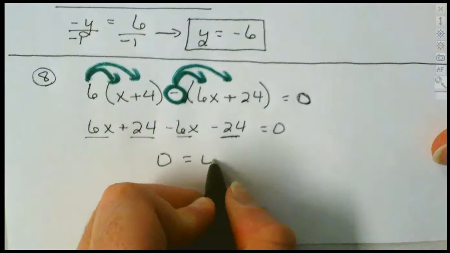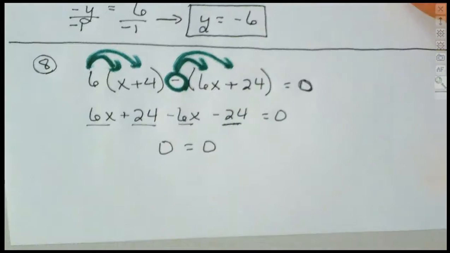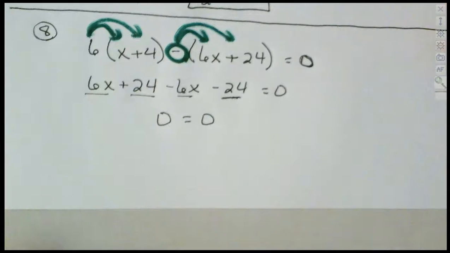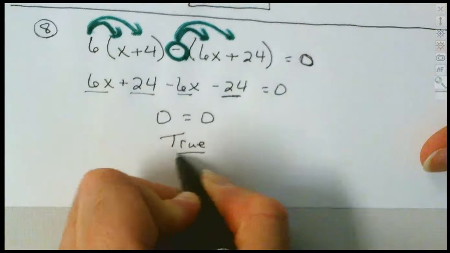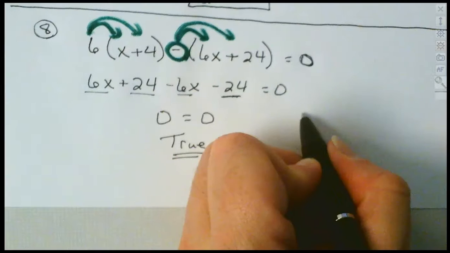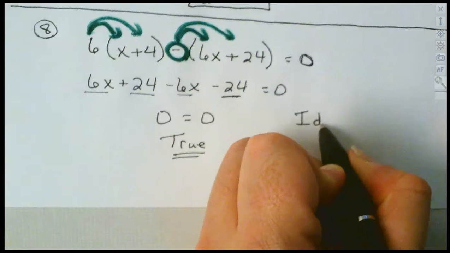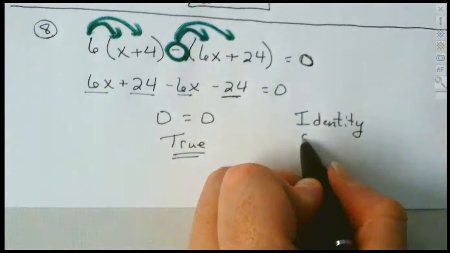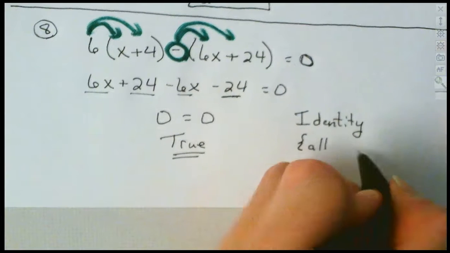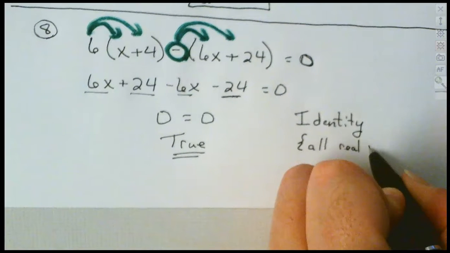And 0's on the left, 0's on the right. 0 does equal 0, so this is a true statement. They are the same, so this is called an identity. And our solution set is going to be all real numbers.